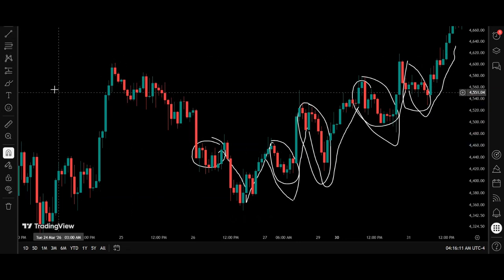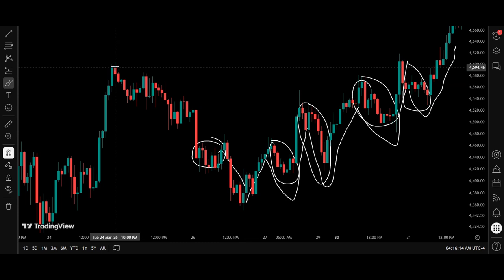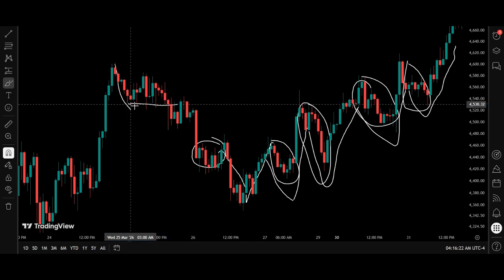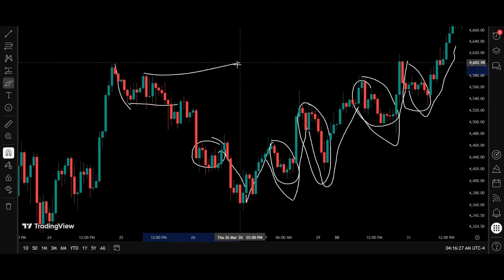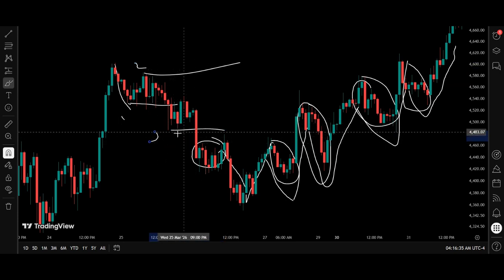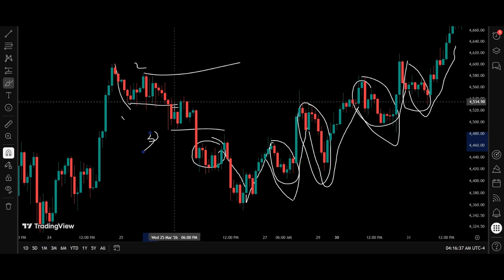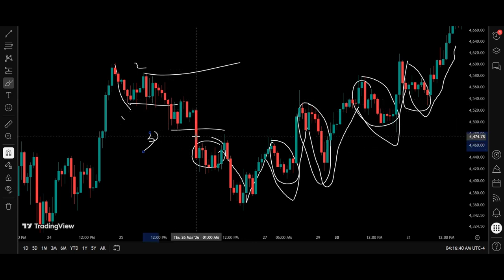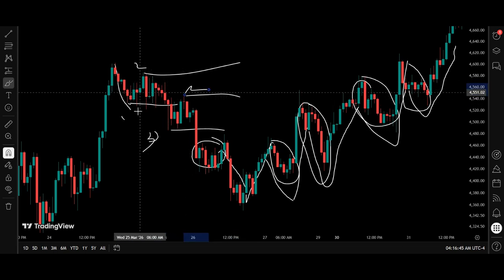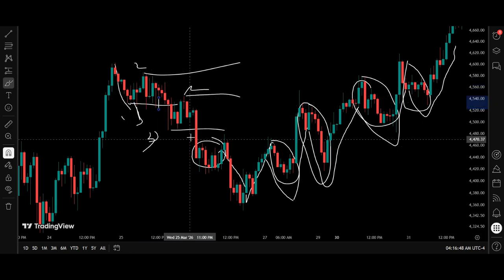Here we go. As I told you, the market came down like this, and at a certain height it started going down. We mark this line and we wait. As one candle closes below this line, we mark this high. Now this will be our 1, 2. We wait for another retracement, and here retracement started, we mark a line and call it 3. Then again we wait, and as the candle closes below this, we mark this line and assume it as a 2, and we call this a break of structure.